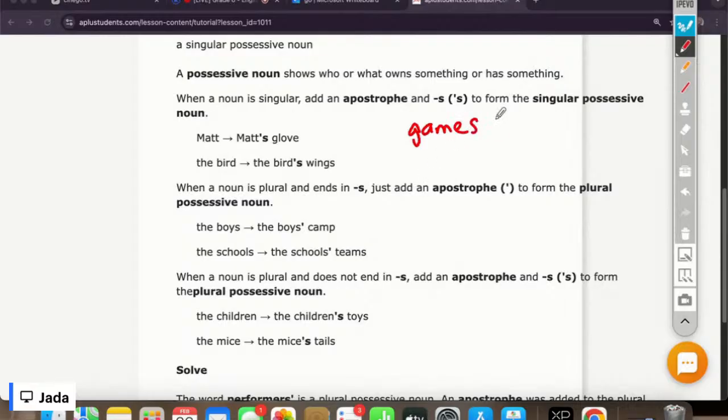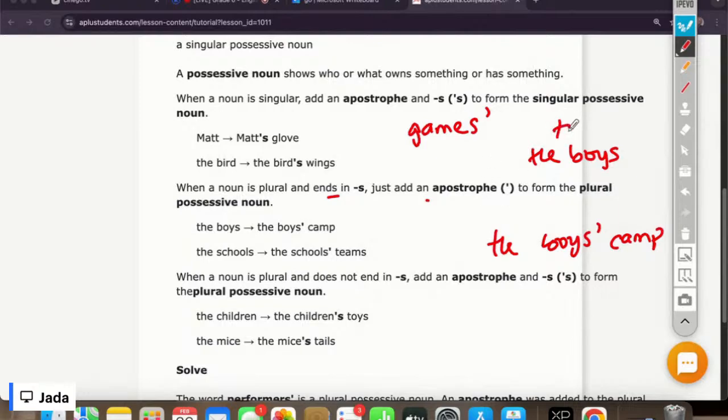So you just put your apostrophe after the s. Just like we have the boys. Boys is plural already. So you can say the boys' camp. So you put your apostrophe after the s.